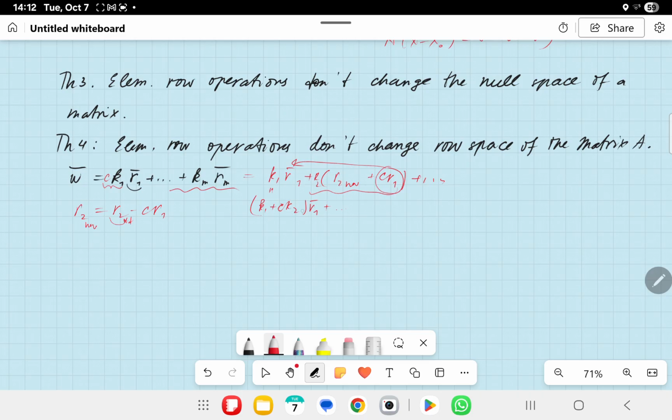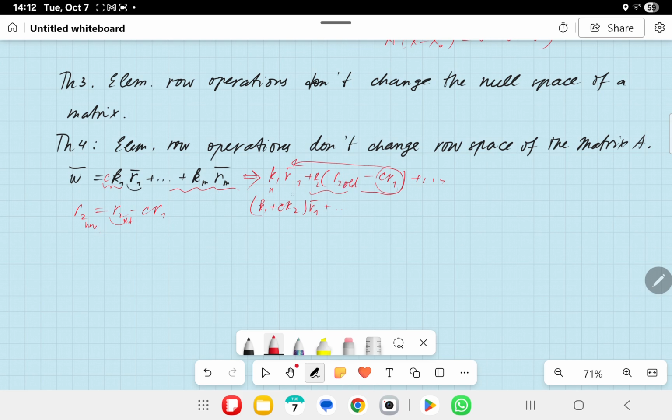Sorry, I'm supposed to put the old one here, because I'm trying to show that this one is going to be the same. So, old, and this one's supposed to be minus. That's going to illustrate my point better. So instead of row number 2, I'm using my new row number 2.